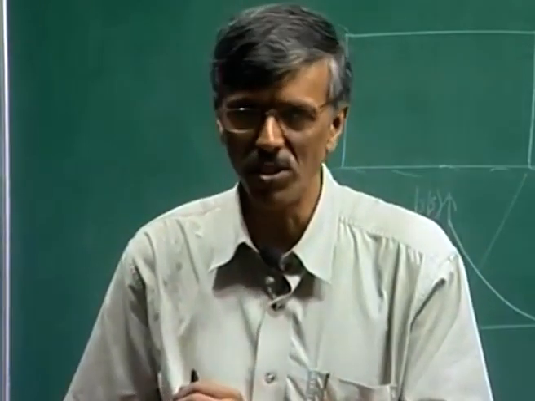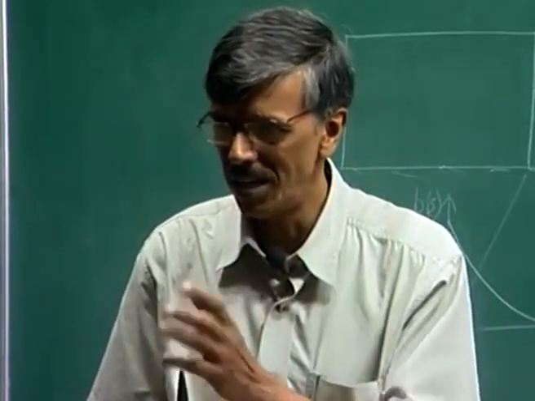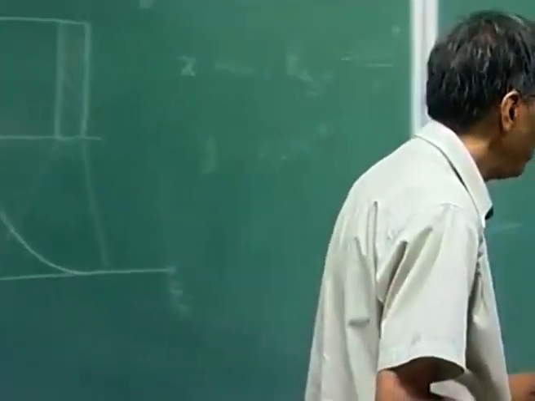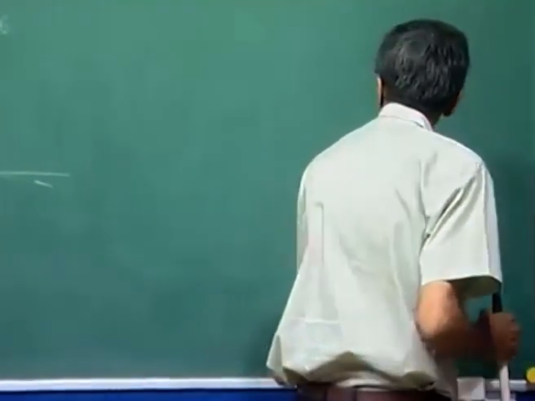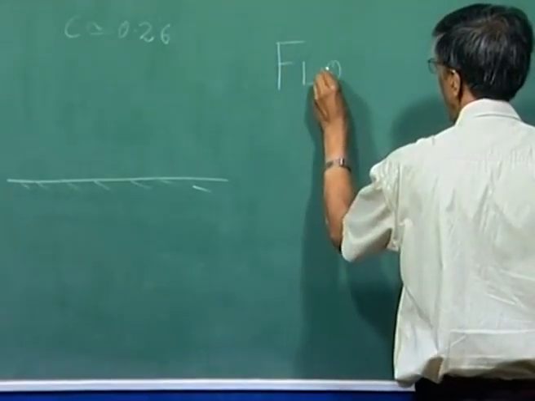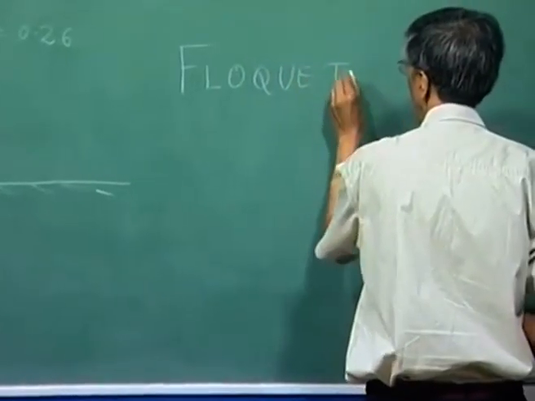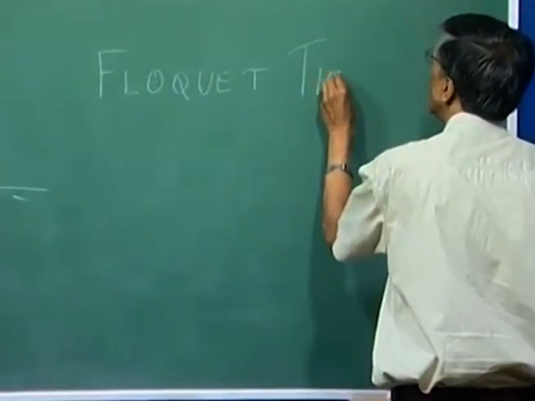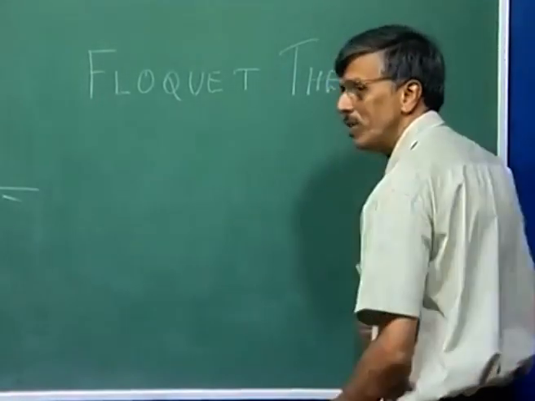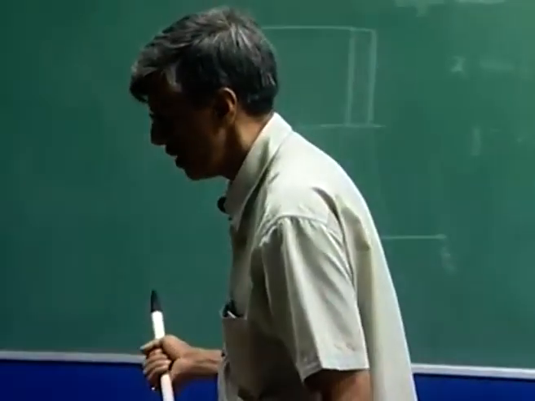There is some such theory that was developed by mathematicians. This is what is called Floquet theory. In Floquet theory, we study the stability of an equilibrium flow which is periodic, and we can do that.